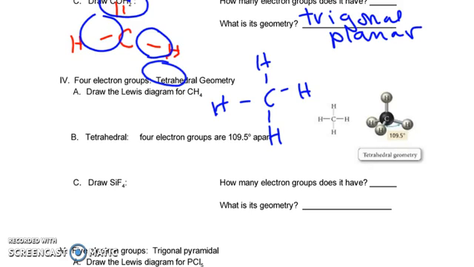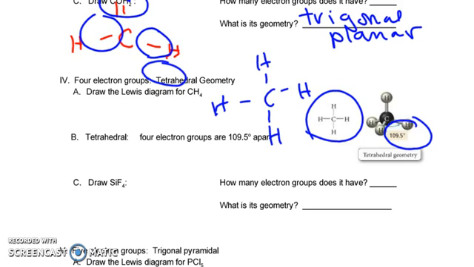And it ends up being 109.5 degrees. That is the maximum separation in 3 dimensions. So really, when I draw it like this, it kind of gives you a false impression of what this structure really looks like. So tetrahedral is 4 electron groups 109.5 degrees apart.